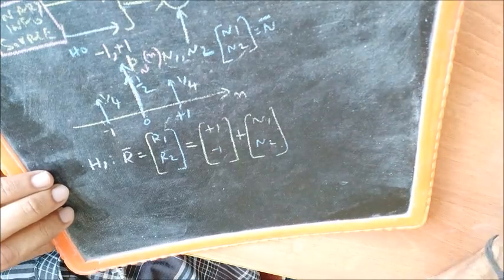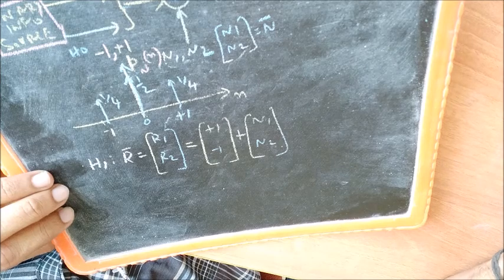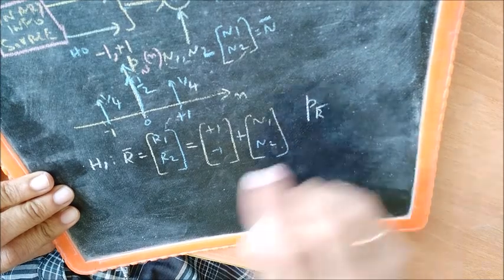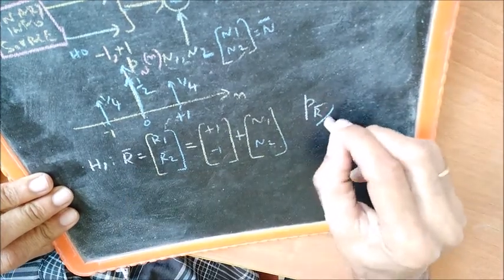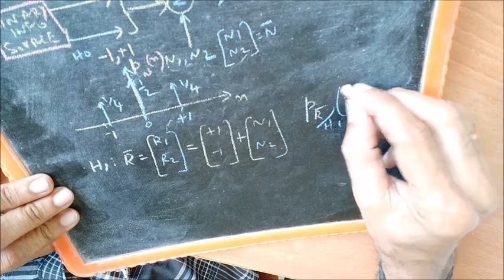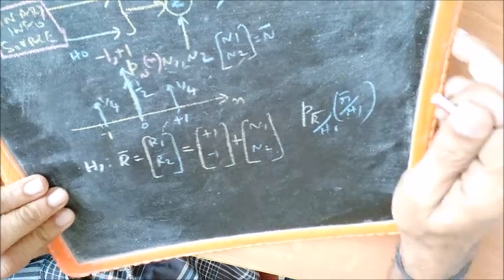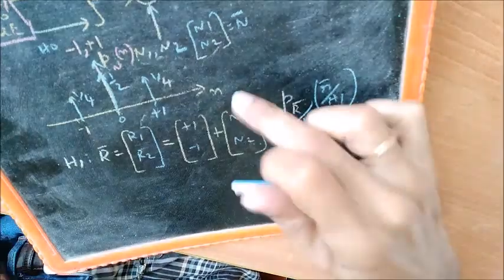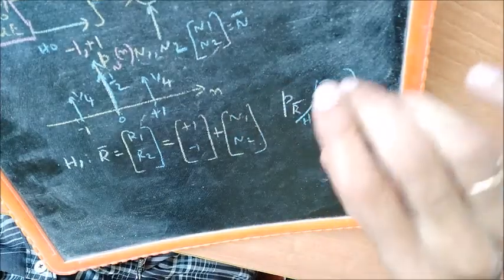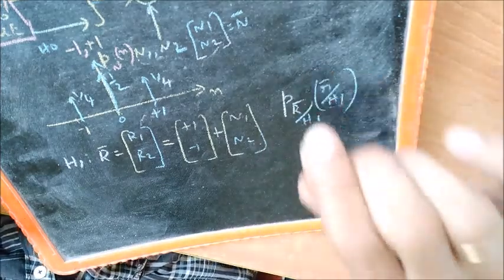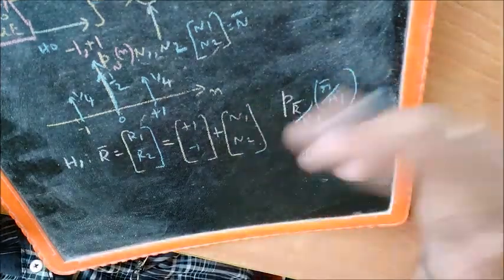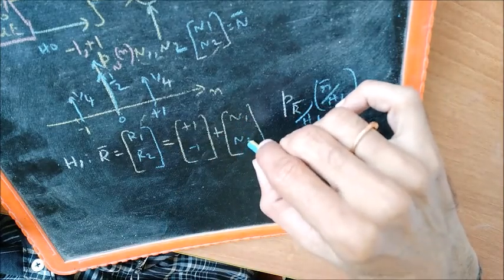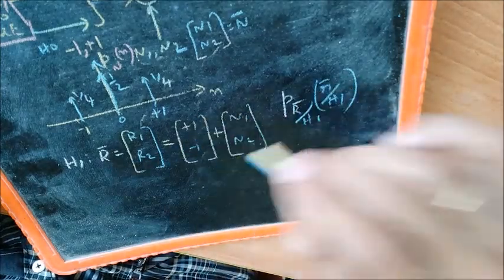But what I will do is plot here the conditional density function of R given H1 is the true hypothesis. You can plot it yourself. I will not show how I arrive at each value. Just to give an example, when n1 and n2 are 0 each, R will take a value plus 1, minus 1.